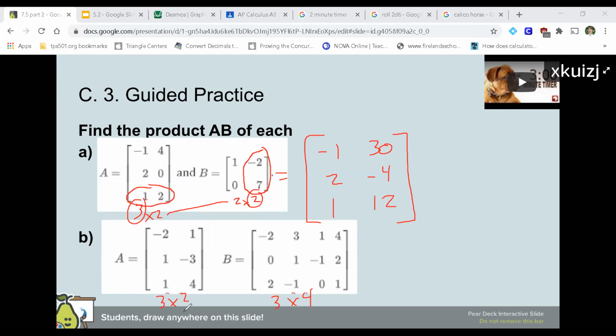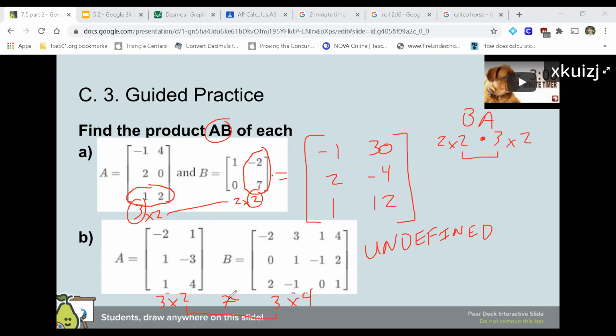What about this one? Nothing. That's right. These numbers do not equal, which means that this is undefined. Let's, for fun, we did A times B. Let's do B times A. So B times A would be a 2 by 2 multiplied by a 3 by 2.